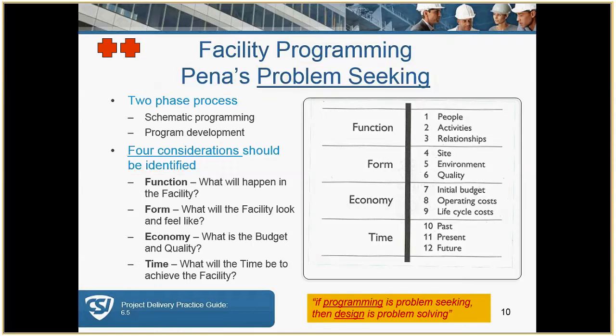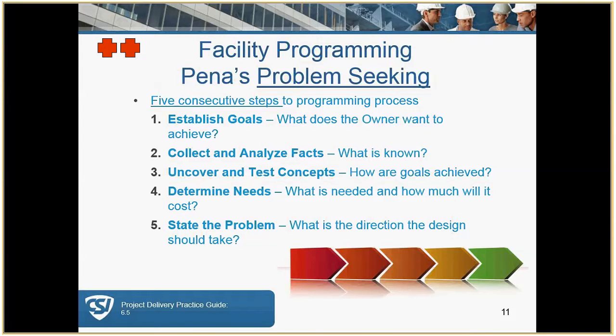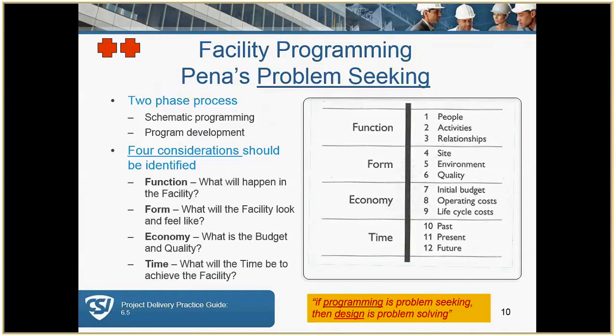So facility programming, I'm just going to cheat a second here and get my notes. I wanted to talk to you about function, form, economy, and time. 4 considerations: function, form, economy, and time. So that's what you see here on your slide on the left of that table.